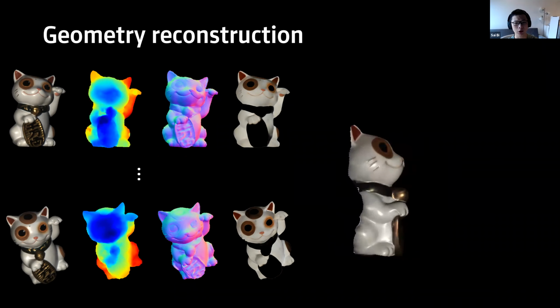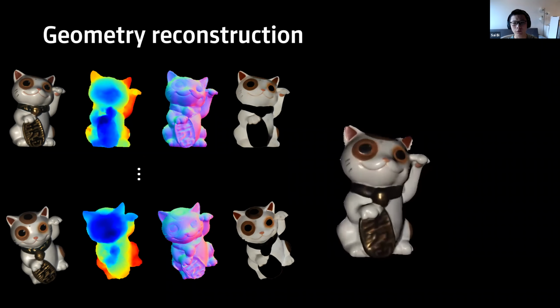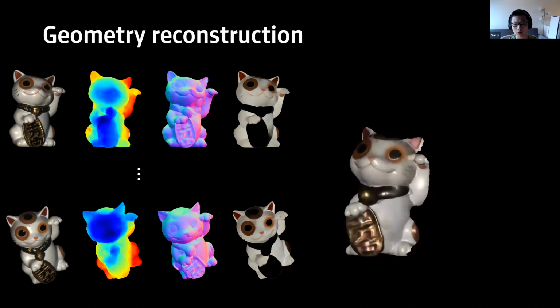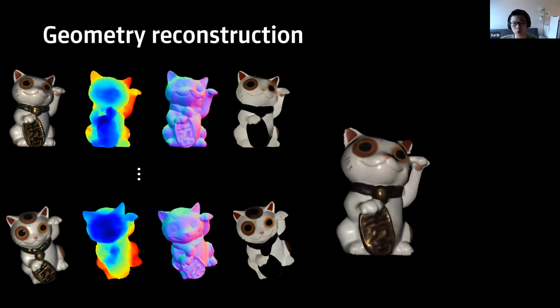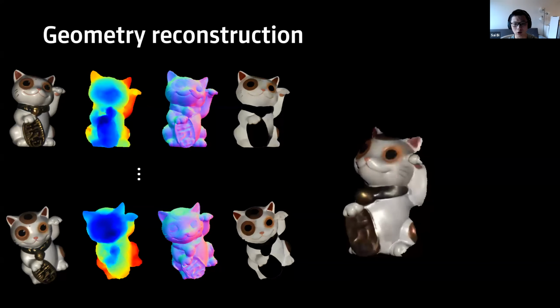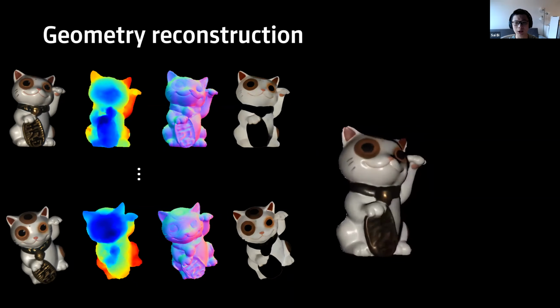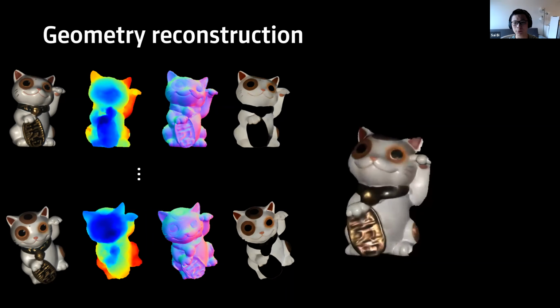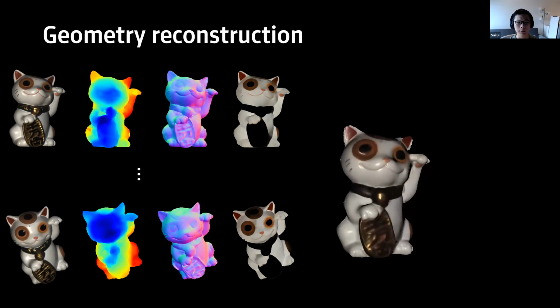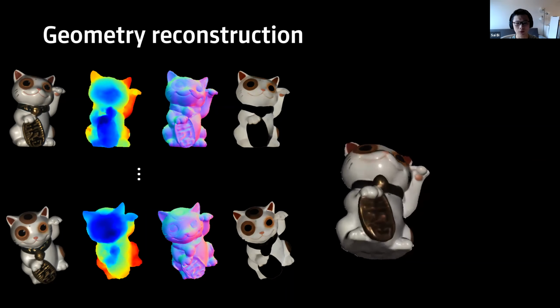Our SVBRDF predictions are computed from a single feed-forward network pass and are not guaranteed to reproduce the captured input images exactly, because the network has been trained to minimize the reconstruction loss on the entire training set and not this specific input sample. Therefore, simply blending the BRDFs at each view will result in blurry results, as we can see in the video. You can see that in the characters, the textures are blurry.